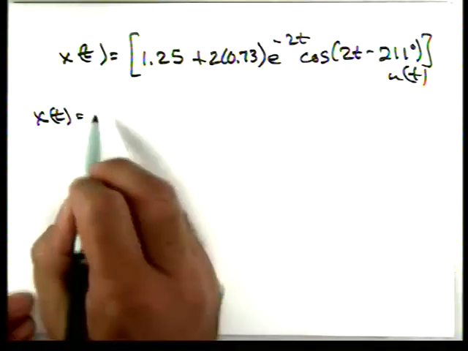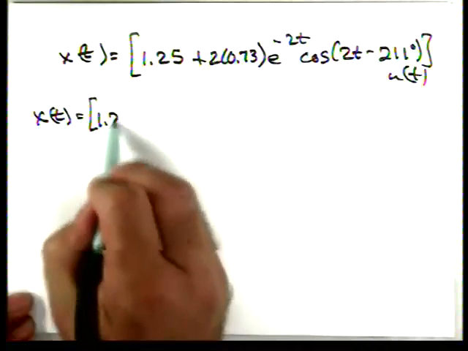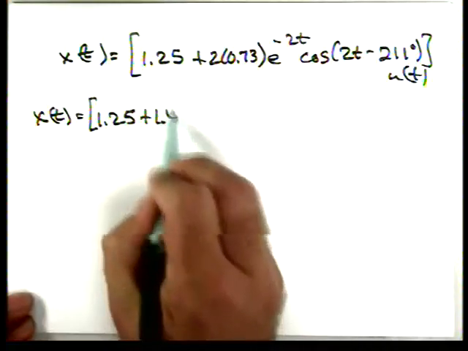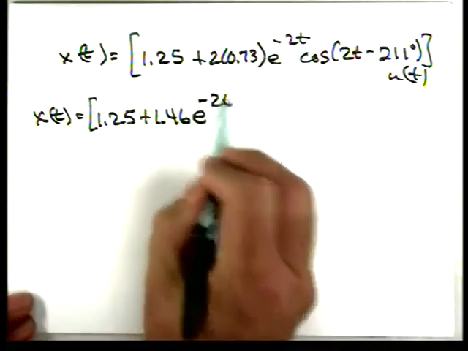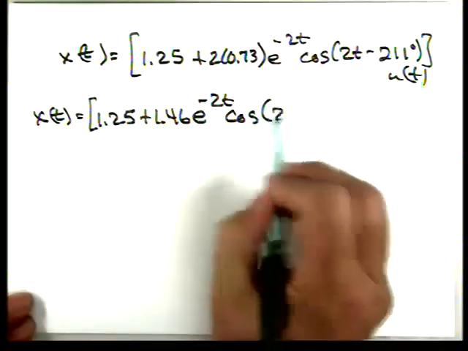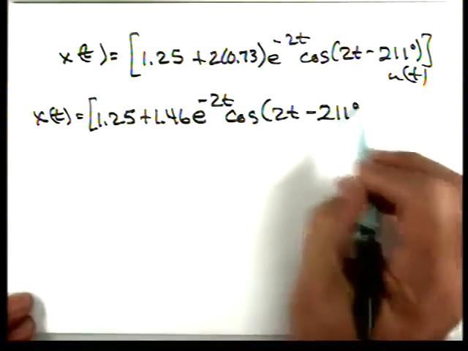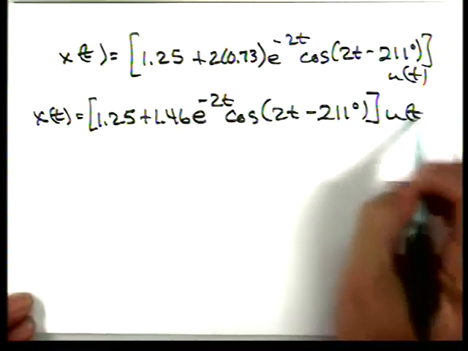So then x(t) is 1.25 + 1.46 e^(-2t) cosine(2t - 211 degrees) u(t).